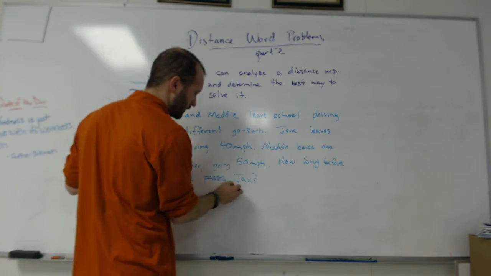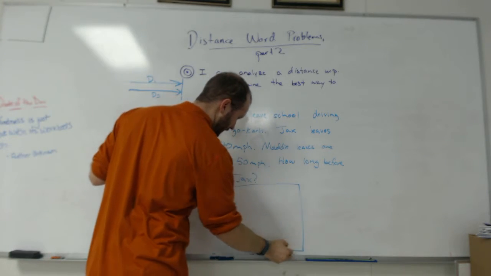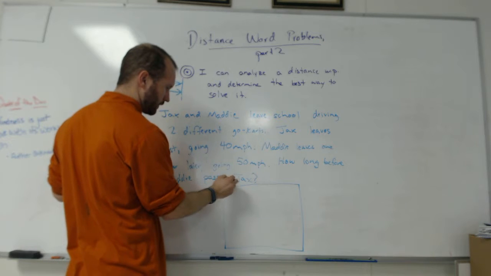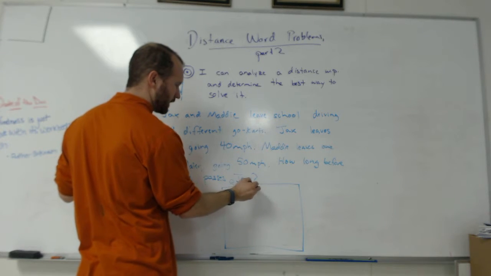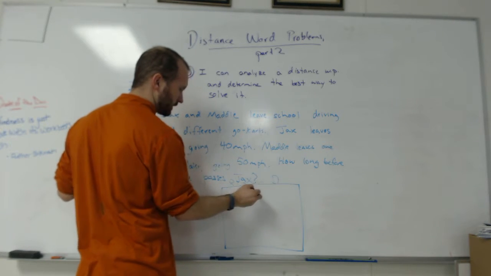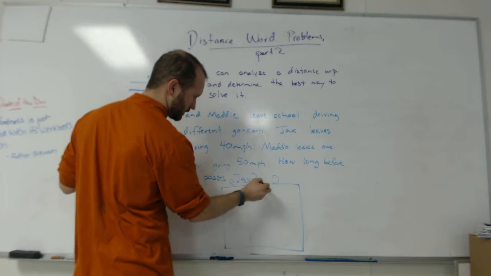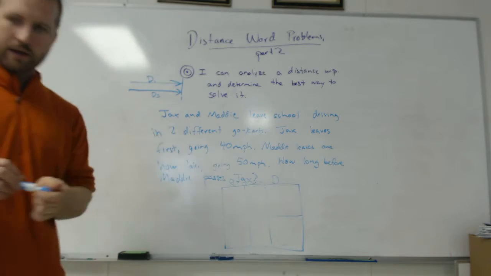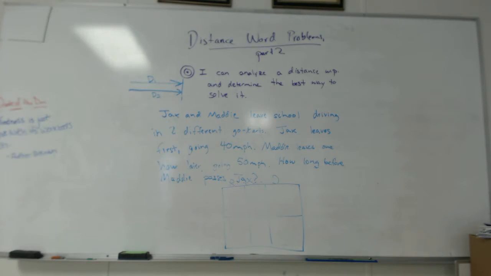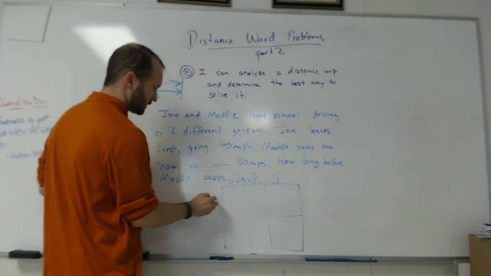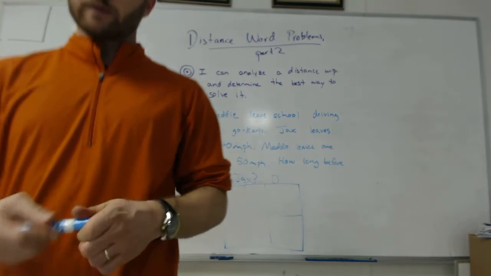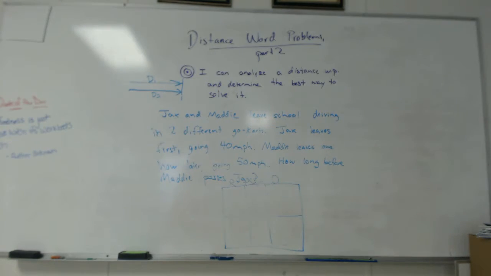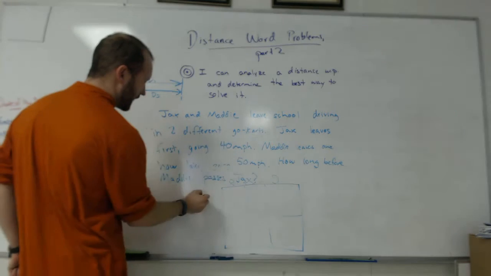All right, let's draw our grid here. Rate times time equals distance. Let's put Jax up here.